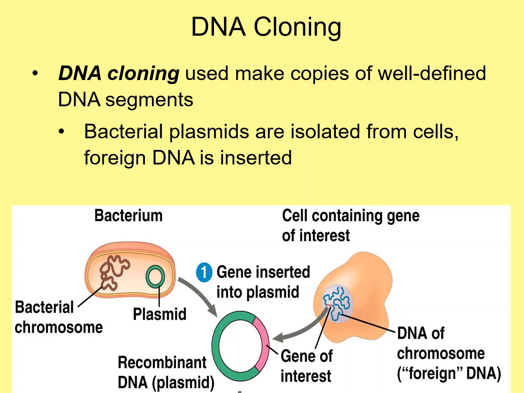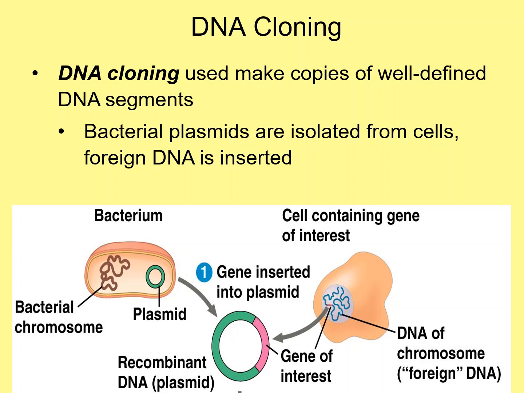So the principle behind DNA cloning is basically getting whatever gene you're interested in out of the cells, isolating the gene, and then putting the gene into a plasmid, which is just a circular piece of DNA. We know these exist all the time in bacterial cells. Then you encourage a bacterial cell to take up the plasmid, and when it does, you allow those bacteria that have been transformed by absorbing the plasmid to grow and copy themselves hundreds and hundreds of times.